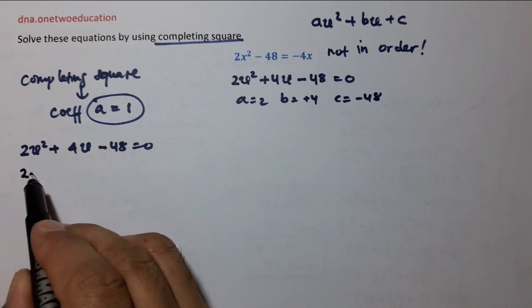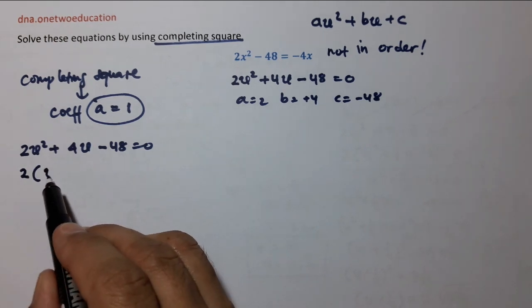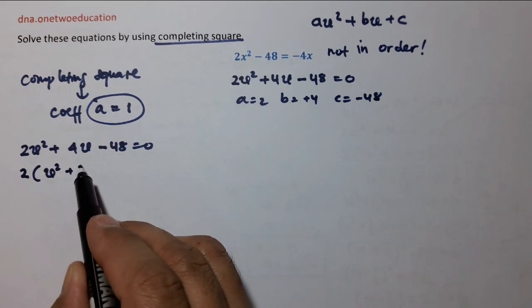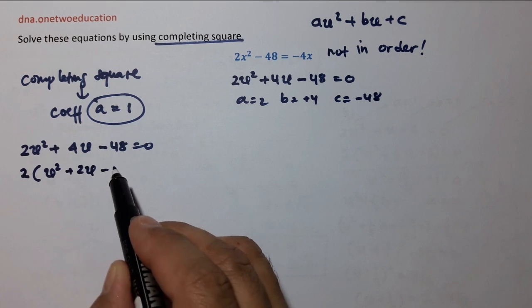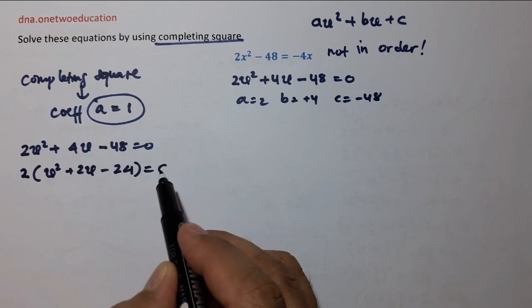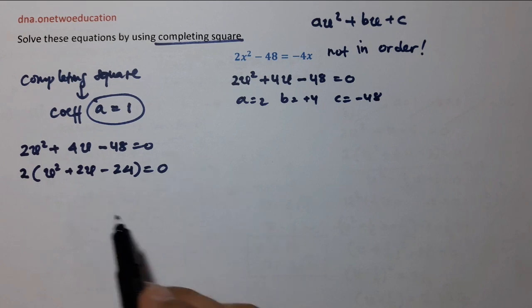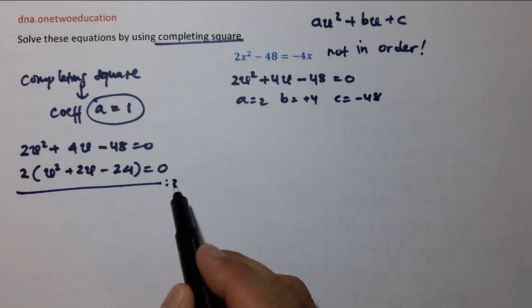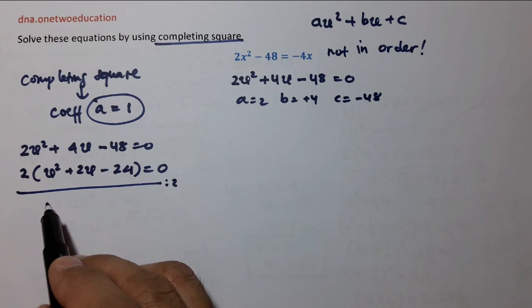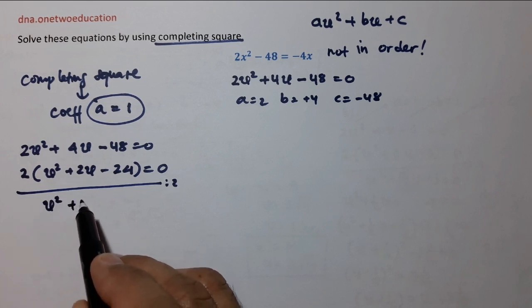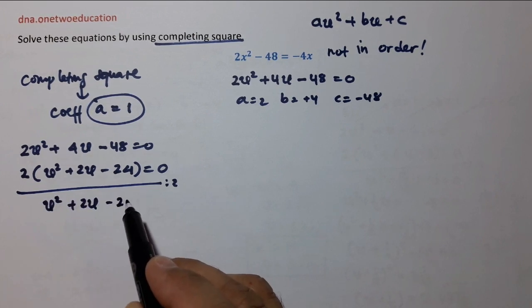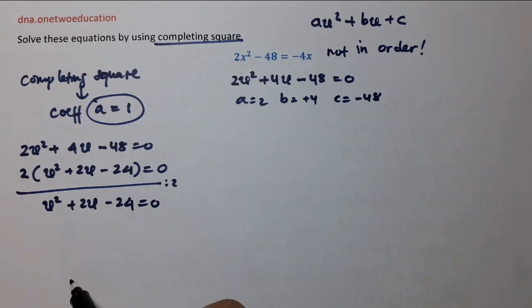So 2, open the bracket, x squared plus 2x minus 24 equals 0. Next, divide by 2, because this one is 2. So x squared plus 2x minus 24 equals 0. Students, now we have the new expression.